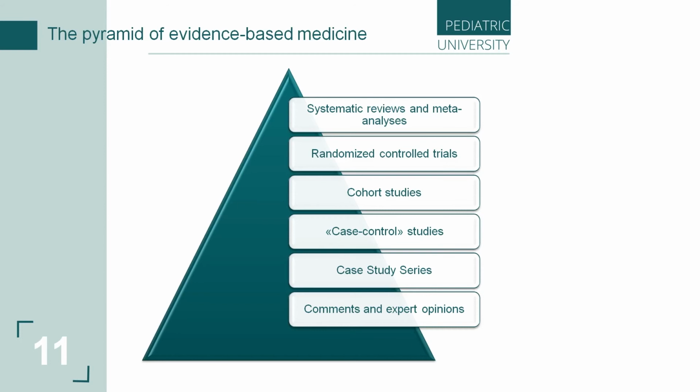Then the case series studies. Then case control studies, cohort studies, randomized controlled trials. And at the top are systematic reviews and meta-analyses, that is, when several studies are summarized.